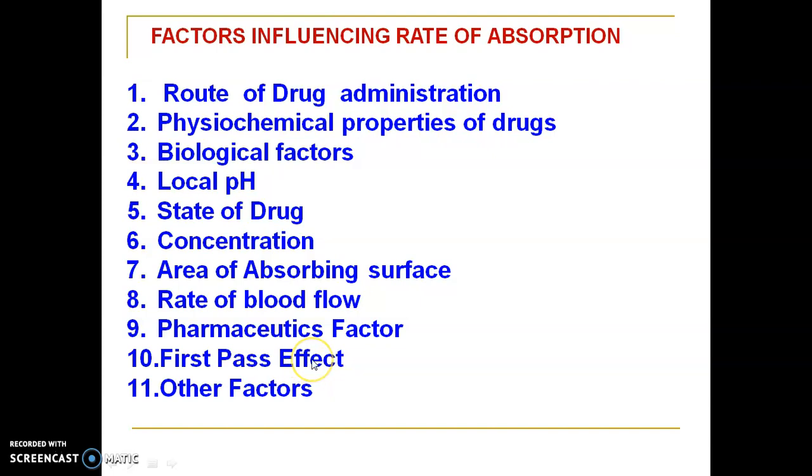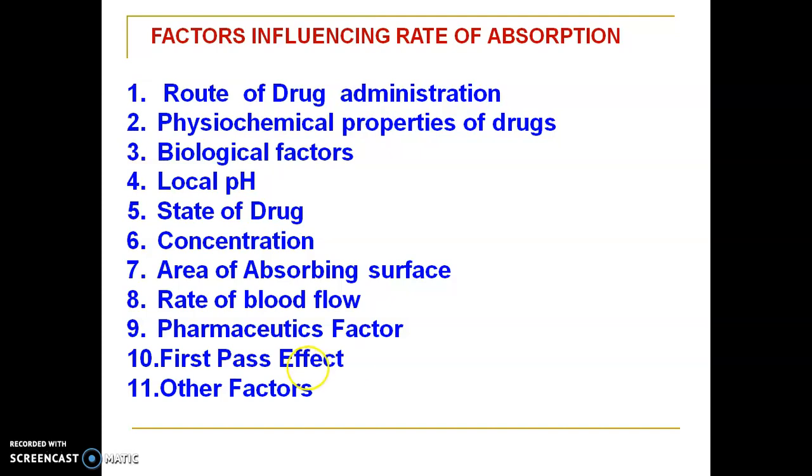First pass effect is another important factor, wherein when the drug comes into the human body, before absorption it enters the liver, from where it gets degraded, and only a small fraction of drug enters into the blood. That is called the first pass effect. So this first pass effect decreases the amount of drug available for absorption.